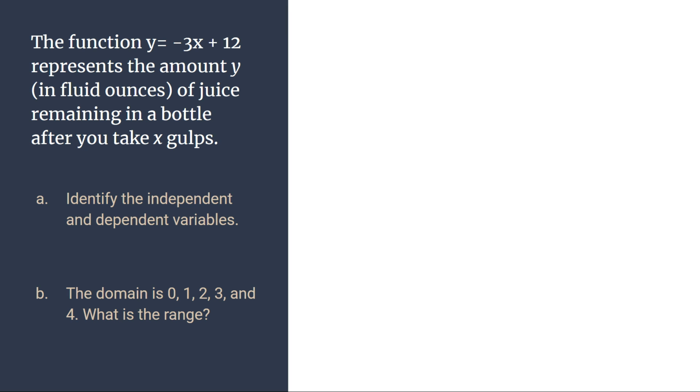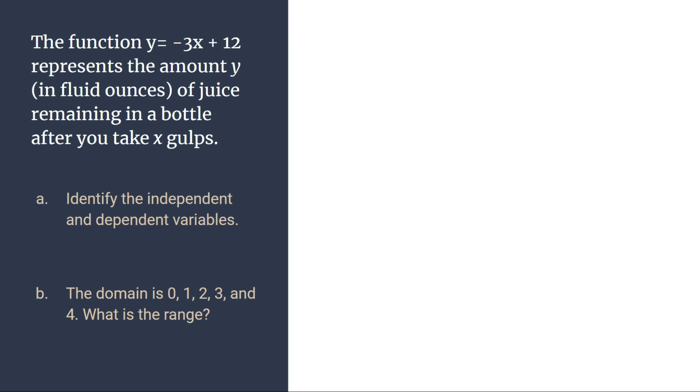So it tells us that y represents an amount of juice measured in fluid ounces, and then x, oh, I read this wrong. Okay, so amount y in fluid ounces of juice remaining in a bottle after you take x gulps.